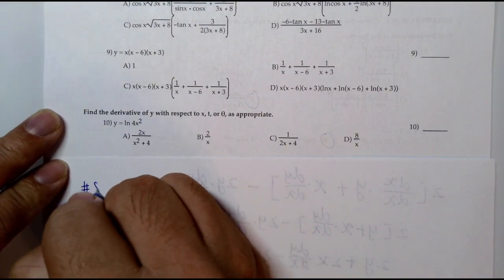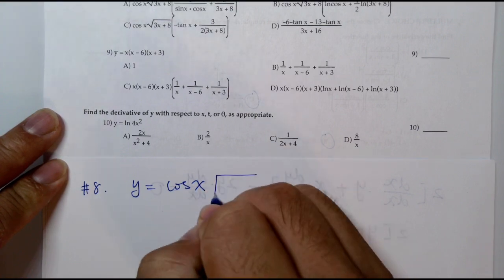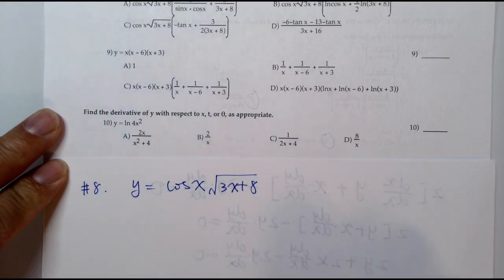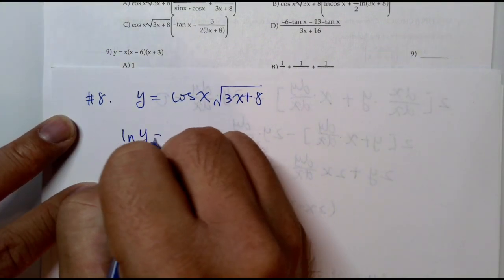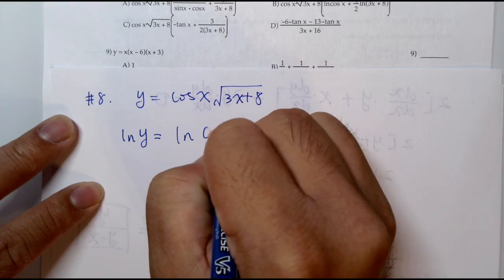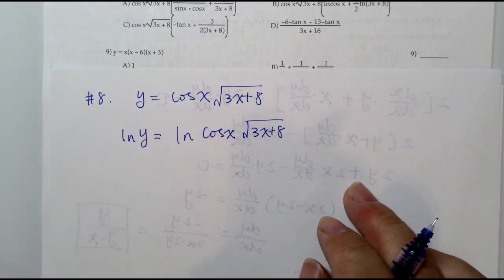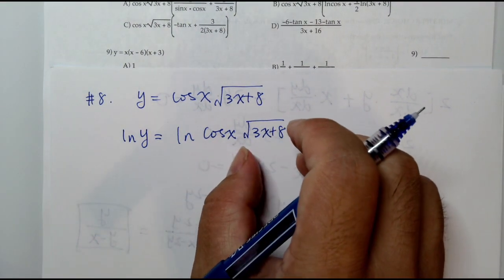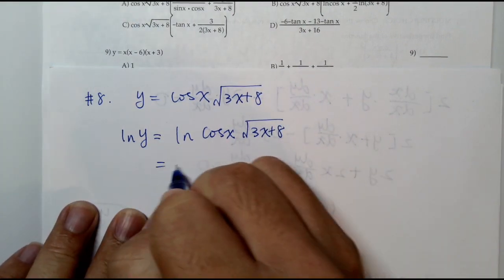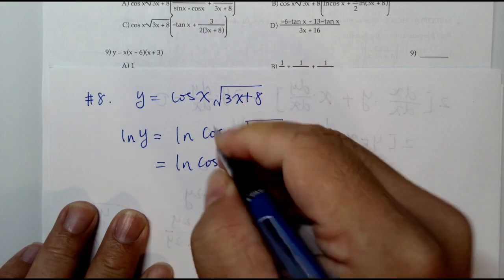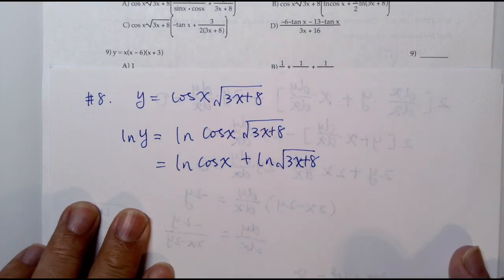So number 8, y equals cosine x times square root of 3x plus 8. What you'll do here is we take the natural logarithm on both sides. And apparently, when we take the natural logarithm on the right-hand side, based on the properties of the logarithm, this is what I can have.